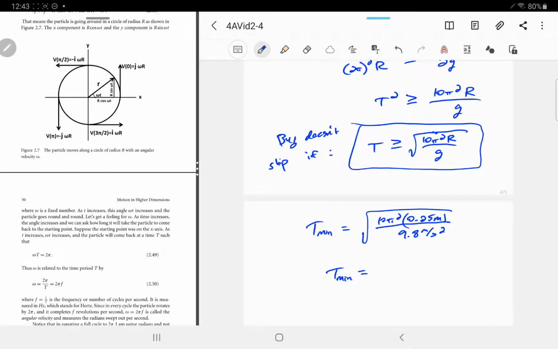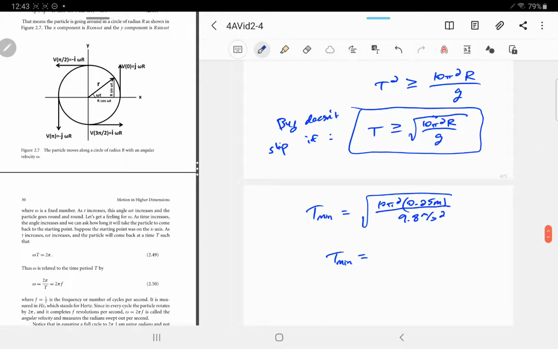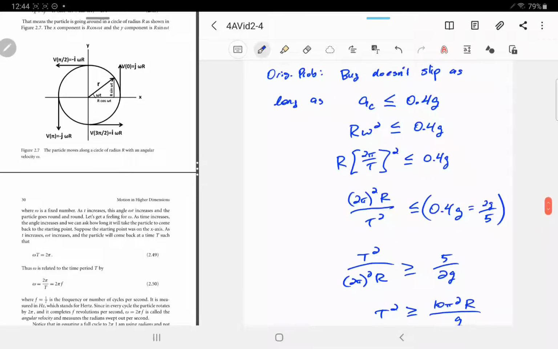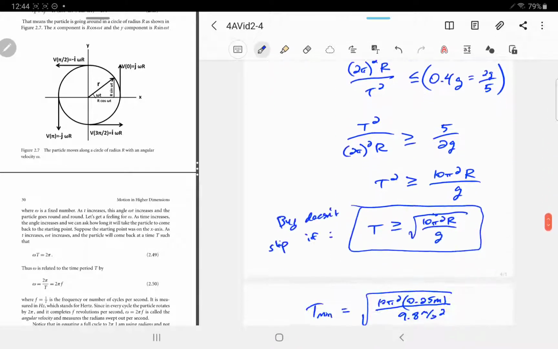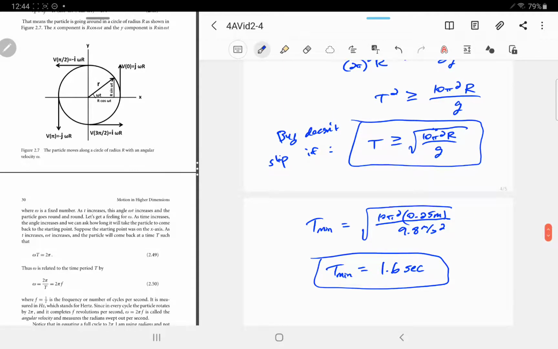Remember, I already took into account the 0.4 g because that's built into the 10 pi squared and everything else. Looks like this is 1.6 seconds. Okay, so plugging in the numbers, we get 1.6 seconds. But we want to get you in the habit of solving things algebraically first and then plugging in numbers at the end. Okay, I think that's it.